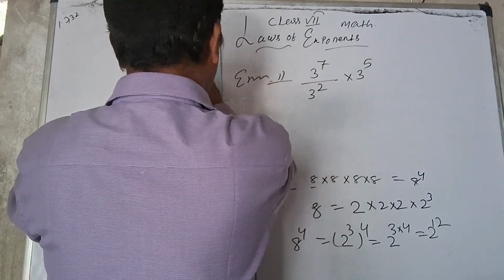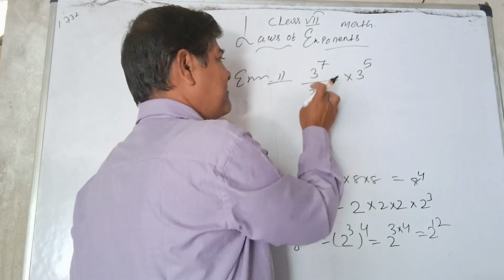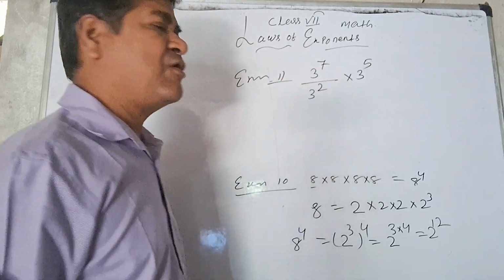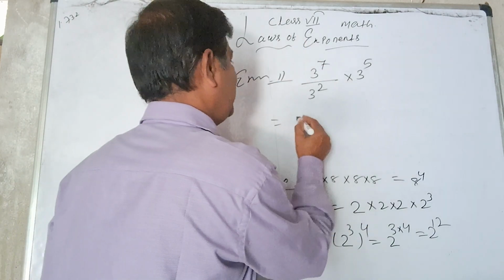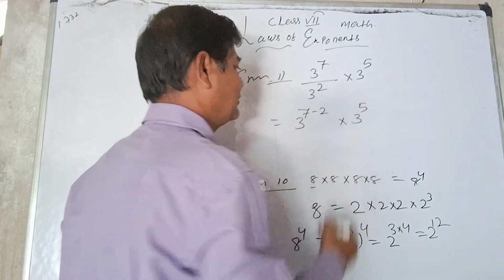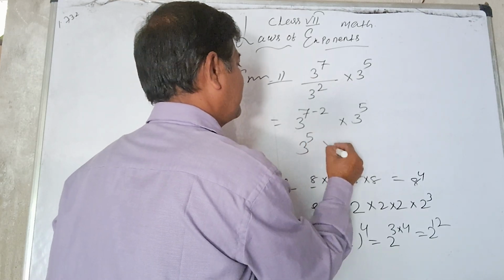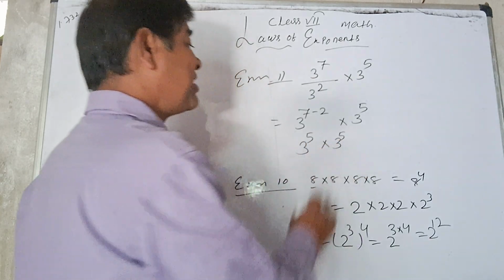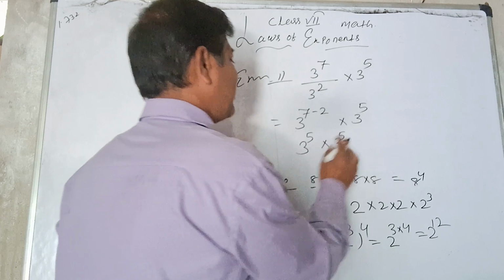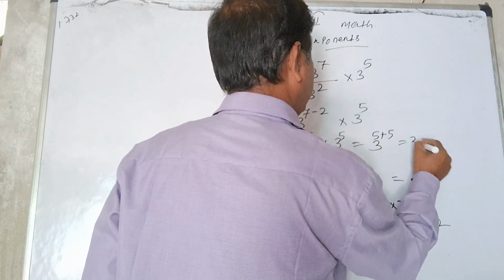What will be your answer? Here 3 to the power 7 divided by 3 to the power 2: the answer will be 3 to the power 7 minus 2, into 3 to the power 5. That is 3 to the power 5 into 3 to the power 5. Multiplication: the power will be added, 3 to the power 5 plus 5. The answer will be 3 to the power 10.